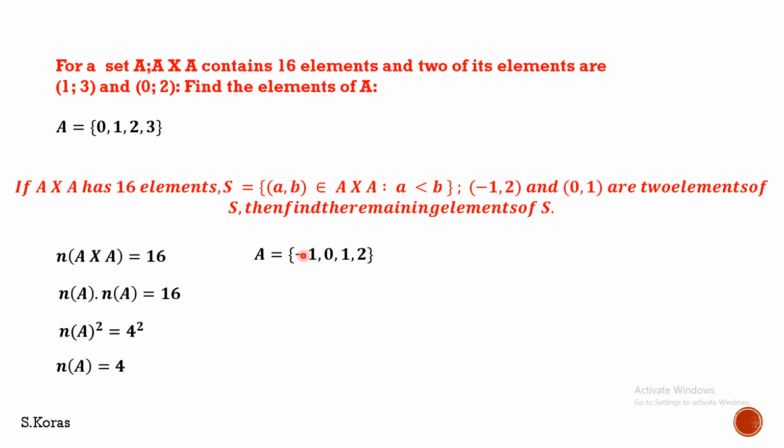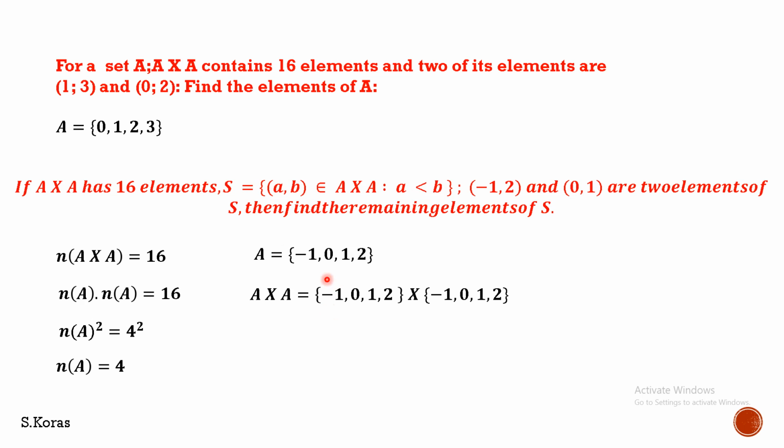So let us do a small technique. If you want to find the S value, it is very simple. This S is only from A cross A. So our A cross A will be like this. From here we cannot choose all, because when writing S, the first element should be lesser than the second element.